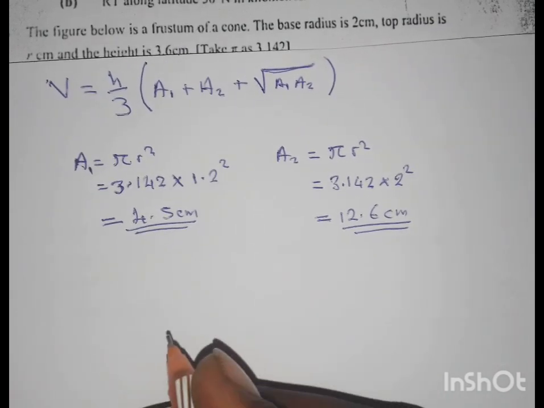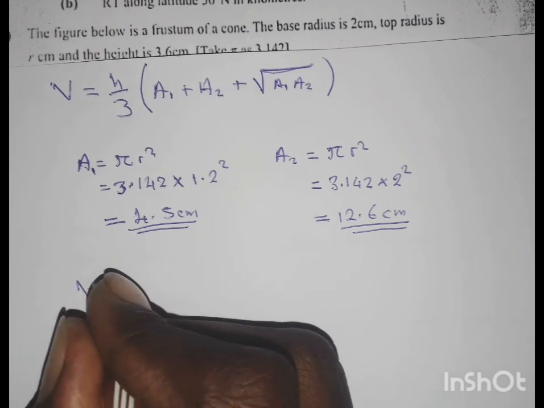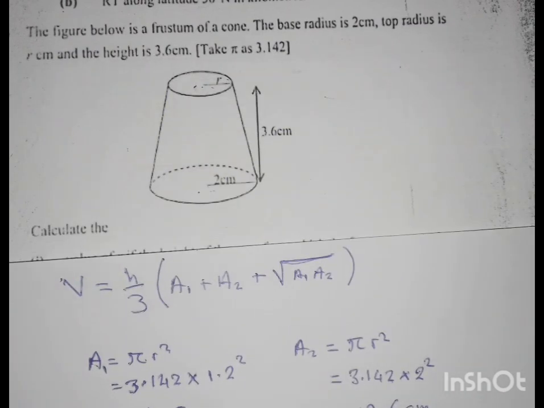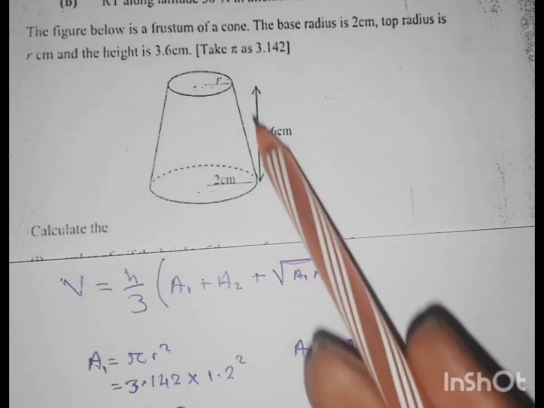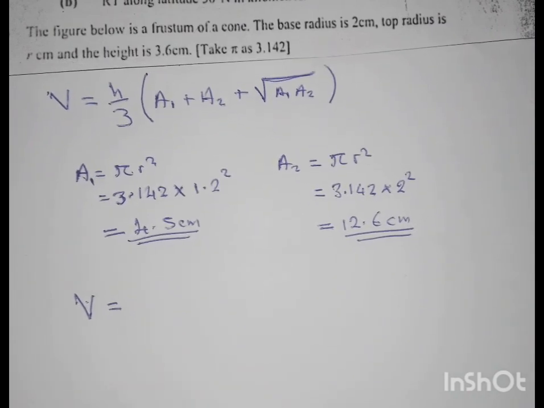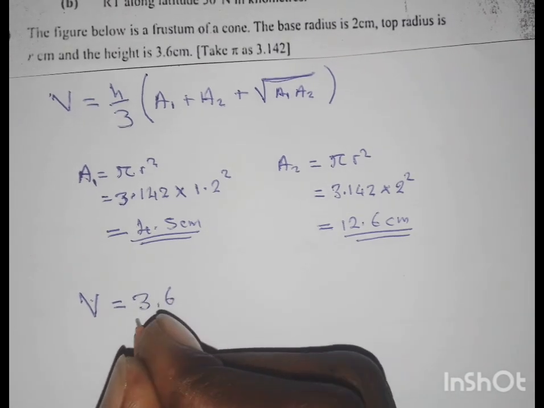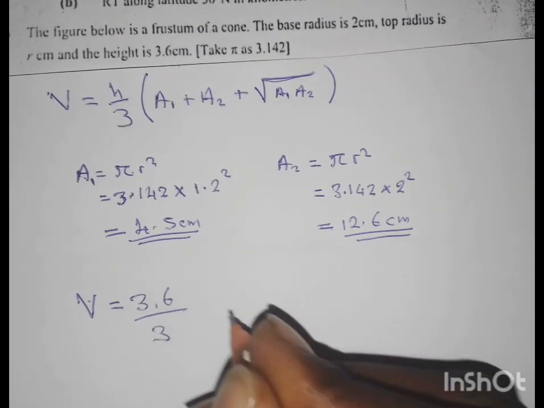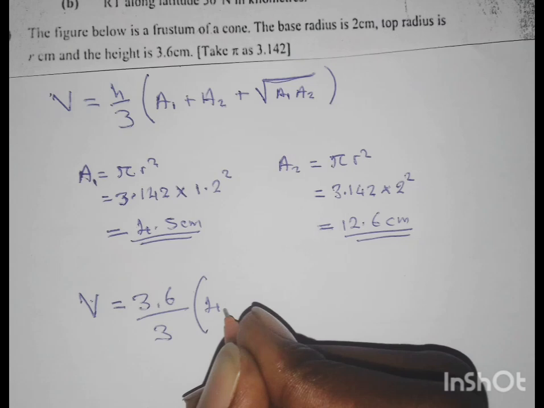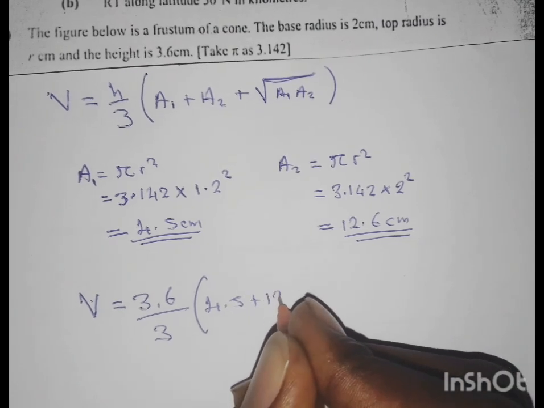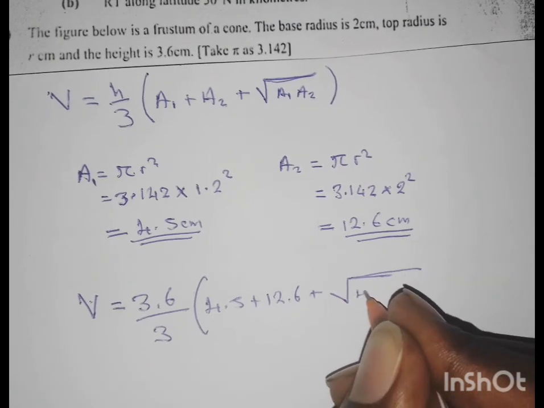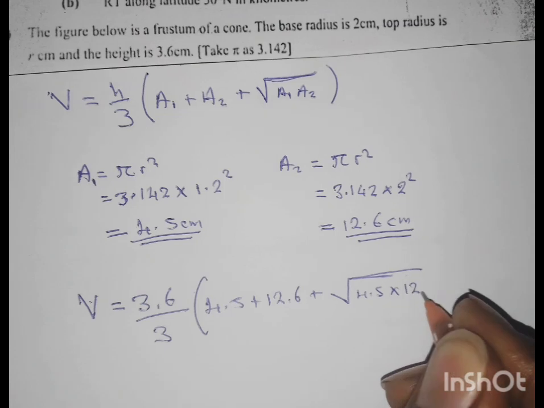Now from there, let us bring in the formula. Our volume will be equal to our height. We'll get this height that we have here, 3.6. Don't take the 6 centimeters. So you get 3.6 over 3, open brackets, area 1 which is 4.5, plus 12.6, plus the square root of 4.5 times 12.6.